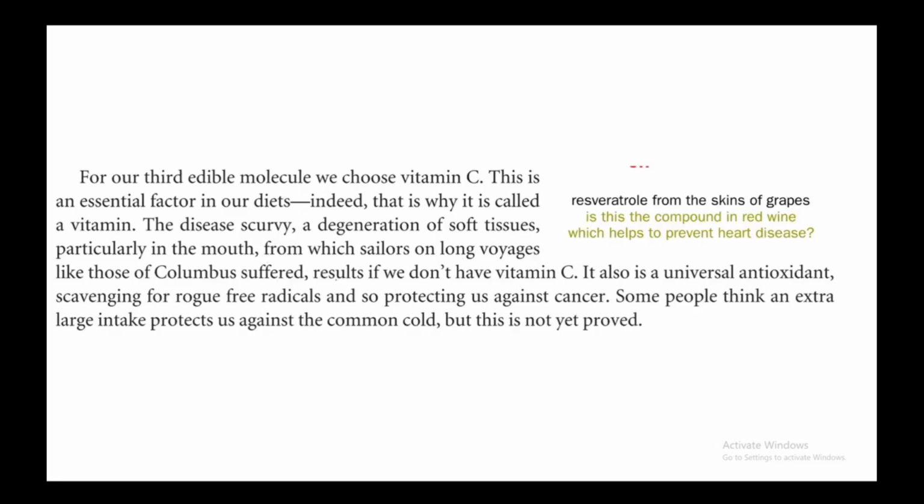For our third edible molecule, we choose vitamin C. This is an essential factor in our diets. Indeed, that is why it is called a vitamin.